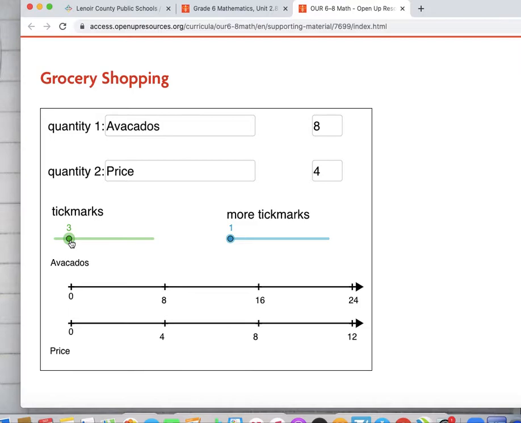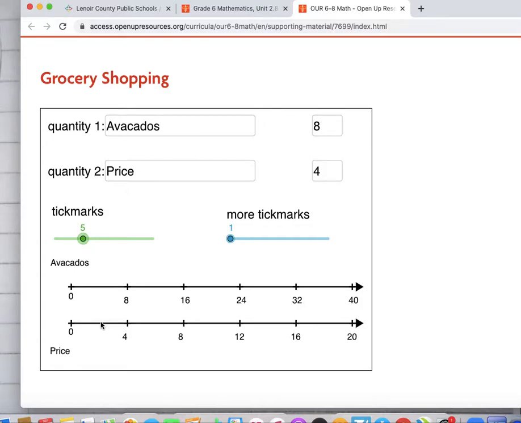How much do 9 avocados cost? Well, again, I don't see anything for 9. So how could I go about figuring out this problem? Well, could I go back the other way? If 8 avocados cost $4, then 4 avocados cost $2, right?